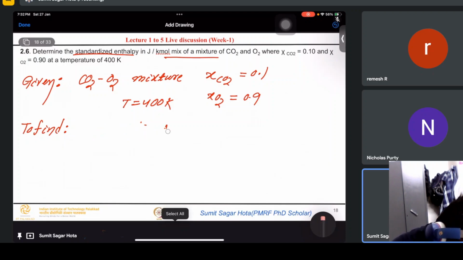Let's write. I will write down H bar of the mixture. H bar, the bar indicates the standardized state. No, actually the bar represents per kilomole, and the degree sign is what represents the standard state.